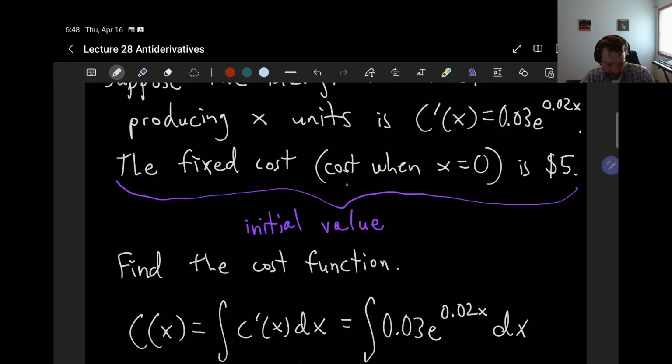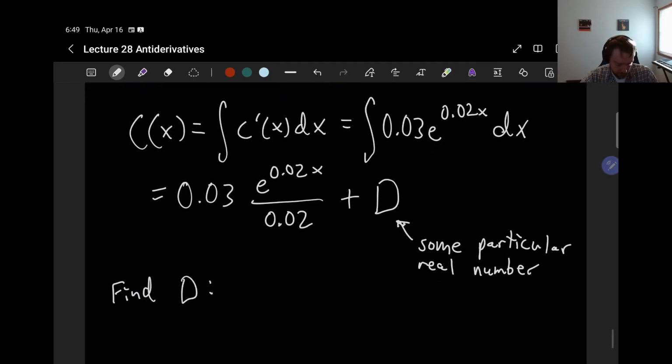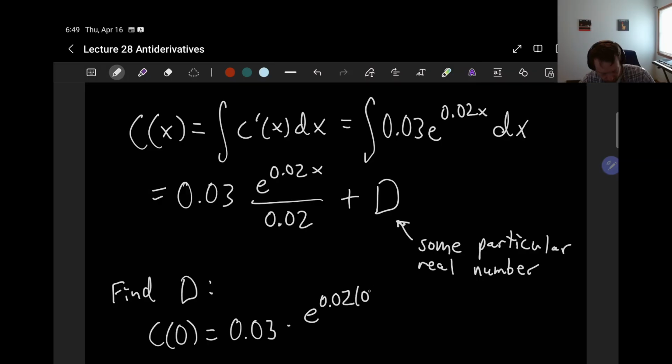So we know that when x is 0, we have a cost of $5. So I'm trying to find D. Well, C of 0. So plugging in 0 for x.